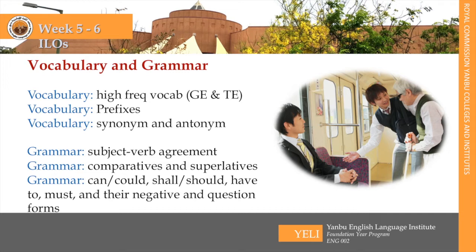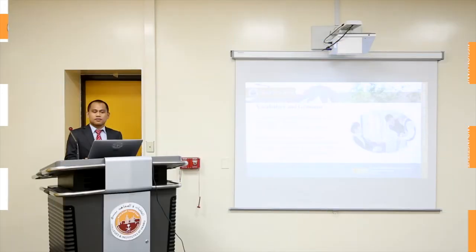For grammar, you should be able to write meaningful sentences with verbs agreeing with their subjects in terms of number, and write sentences using comparative and superlative degrees of adjectives. Lastly, you should be able to give recommendations or suggestions using modals like can or could, shall or should, have to, must, and their negative and question forms.